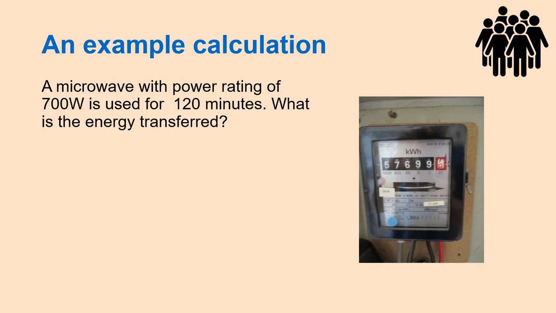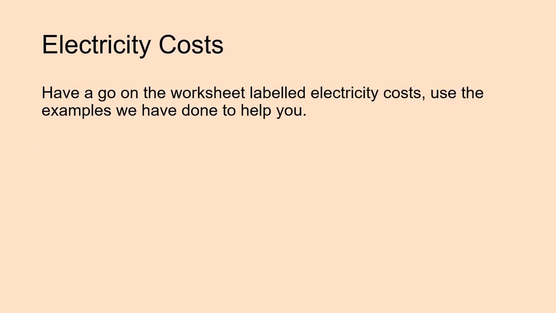So hopefully you have done energy transferred equals 700 watts times by 2 hours, because 120 minutes is 2 hours, and you should have got 1,400 watt hours, because this is not measured in kilowatts. And then we can do 1,400 divided by 1,000 to get 1.4 kilowatt hours.